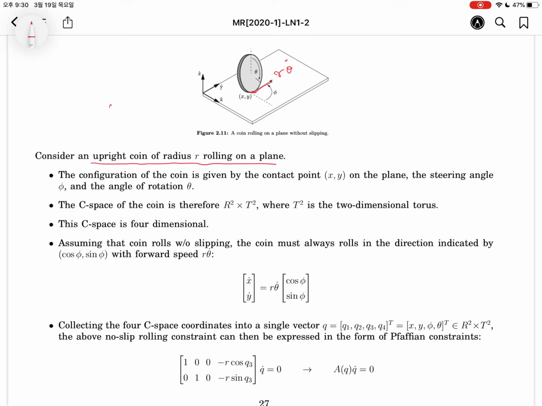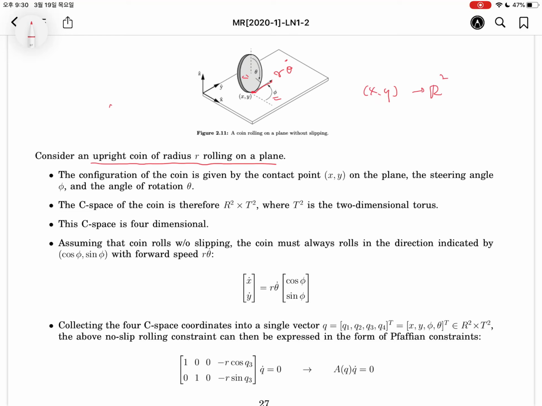In order to describe this contact point, we need x and y. It means R2 is required in a plane. One more: the steering angle phi and rotation angle theta will be required to describe the C space of the coin.